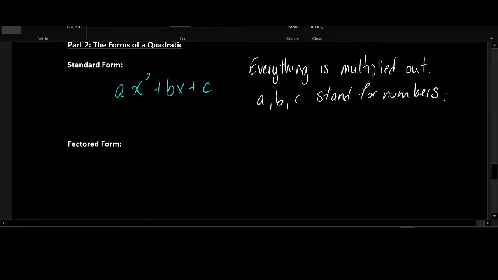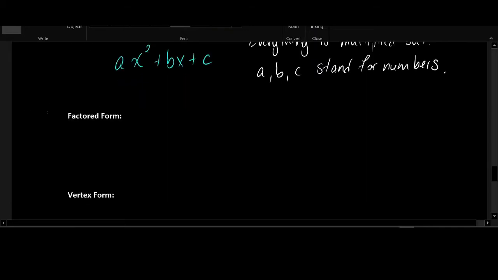Now, factored form is the format that you get when you take your quadratic expression and completely factor it out. And it looks like this. Some number a out in front, x minus some number, which I'll call r1, in parentheses, multiplied by x minus some other number, in parentheses.